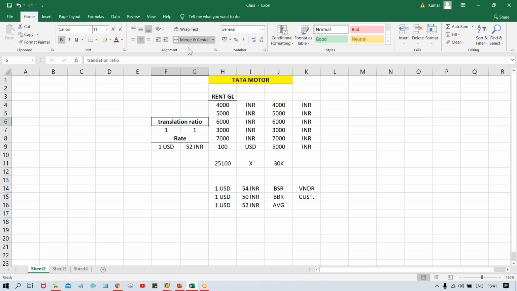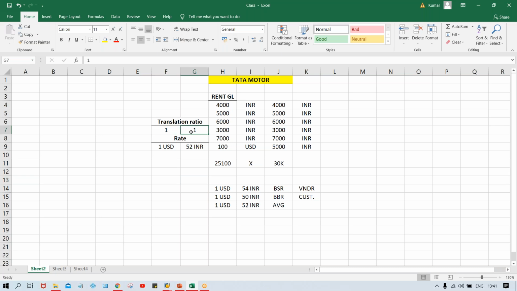Say for example, 1:1, right? It could be 1:2 also.